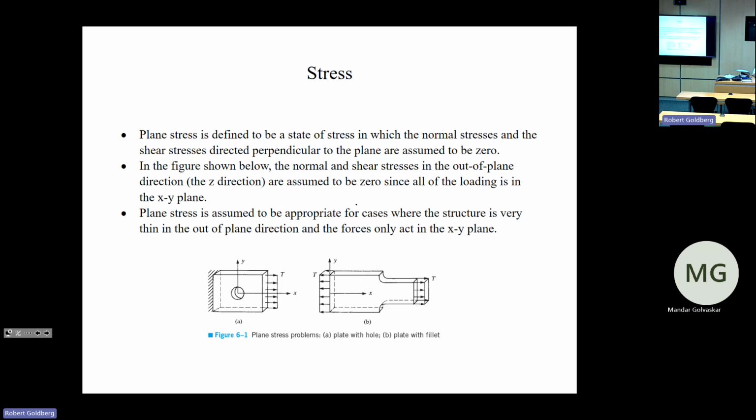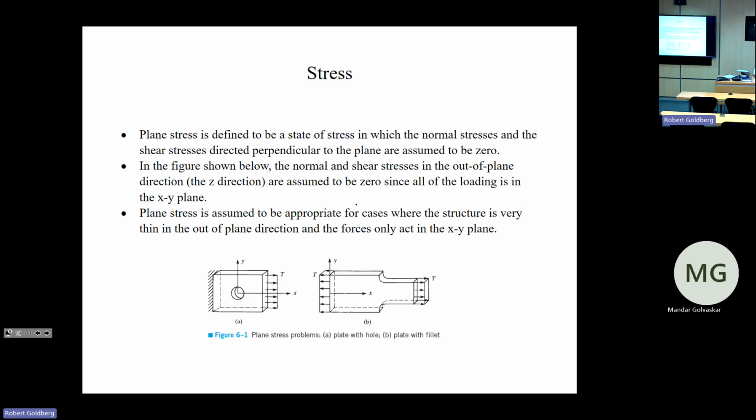And where this is appropriate is if you have a very thin structure, like the skin of an automobile or other applications, where your in-plane dimensions are much greater than the through thickness direction. Now obviously we're not in a cartoon world.